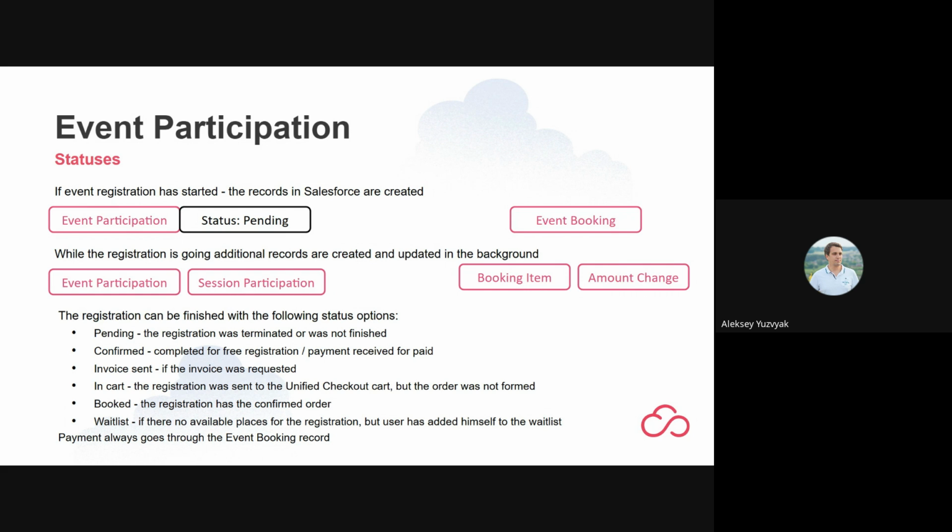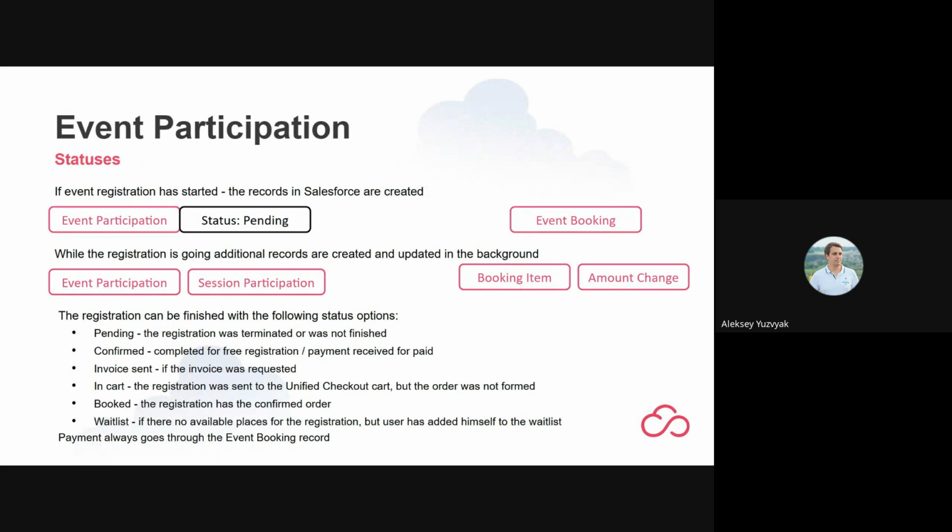Also, if an invoice was requested from the unified checkout side, status will still be booked. Booked statuses, as confirmed, are included into the calculation of capacity. So confirmed plus booked, it is like busy seats for certain events.